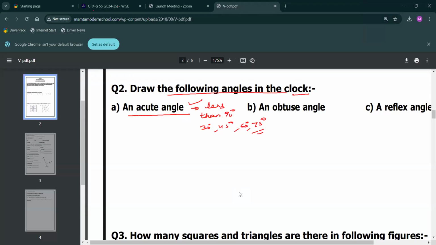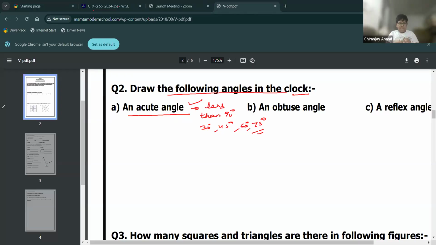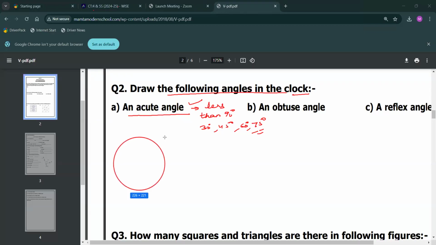Chiranjay, draw it and show me. Children, have you drawn a circle like this? Yes, ma'am. I have numbered it also.